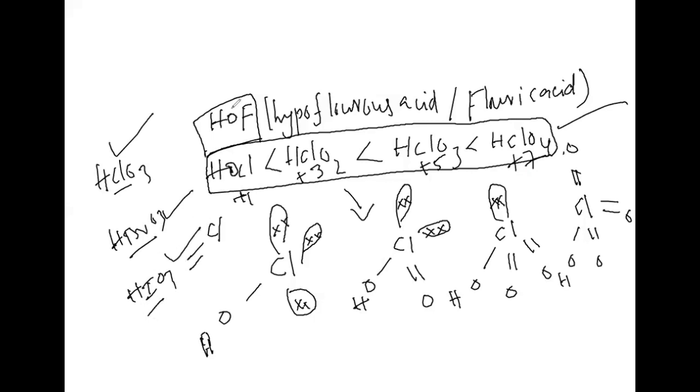Right. Now the last topic in this is the interhalogen compounds. What are interhalogen compounds? Interhalogen compounds are nothing but halogen combinations, that is XX' type, then XX'3, XX'5, and XX'7.